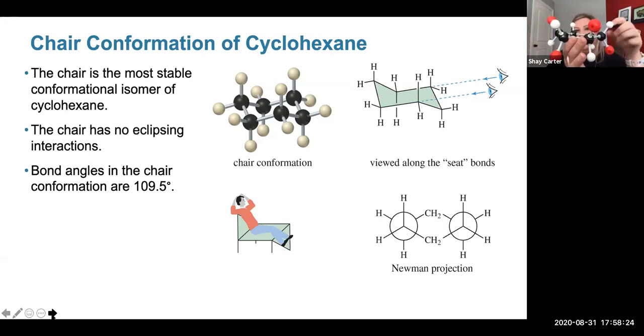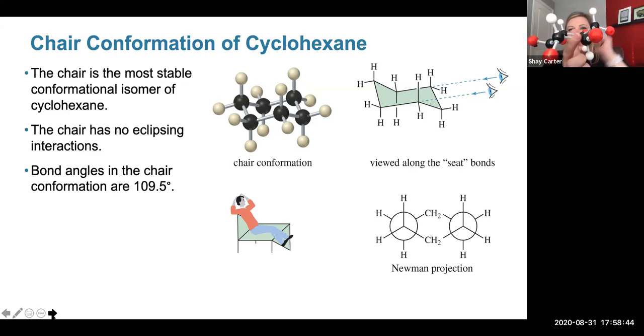It's not happy, okay? So what it does is it will bend one carbon down from the plane of the ring, and then it bends another carbon up from the plane of the ring. And we call this a chair conformation, okay?